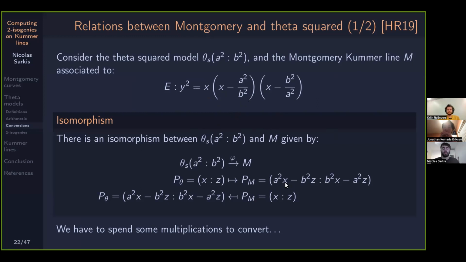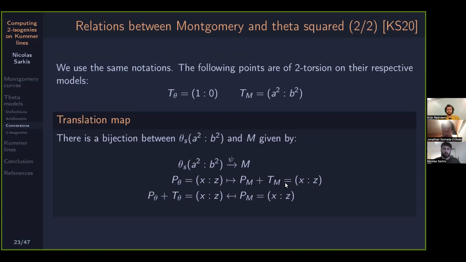So that's not ideal. However, something that was already known by Karati and Sarkar is that in the theta squared model, you have this two torsion point (1, 0), and in the Montgomery model, you have this one, (a squared, b squared). And then you have a bijection, which is way easier than the previous map.